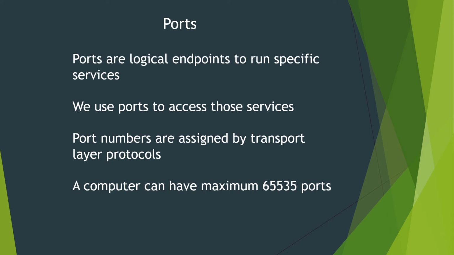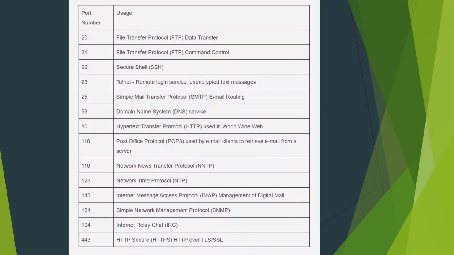And it means that you are available at that port. Suppose your room number is 200, so you are available at that 200. And in the same way, a particular service is available at the port 200, and you can approach that service using that port number. So this is the theory about the ports, and there are some well-known ports.